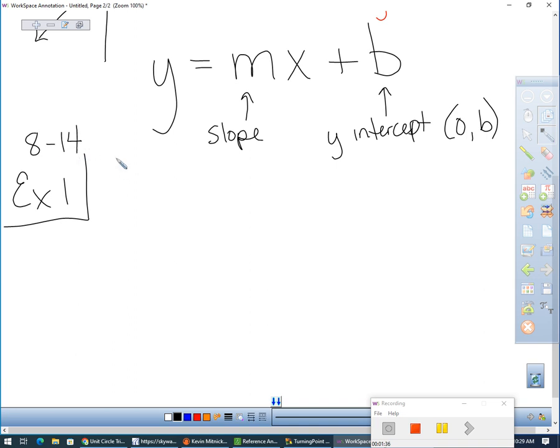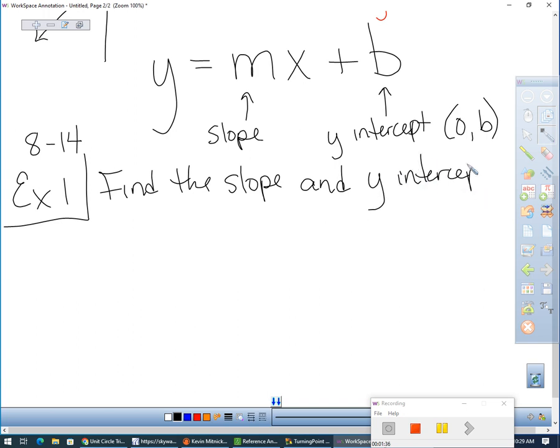I want you to find the slope and y-intercept. And I'm going to give you the equation. Let's say I have y equals 2/3 x plus 7. That's your equation.